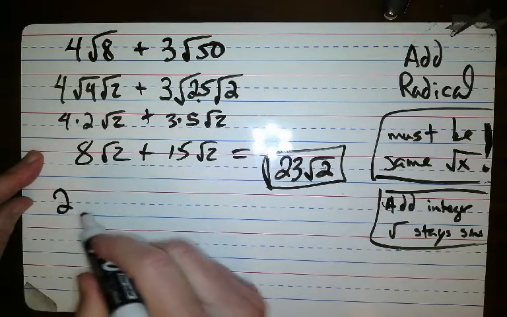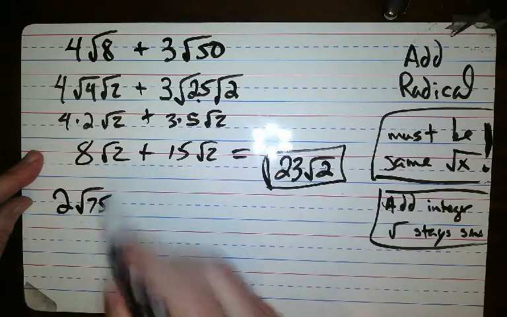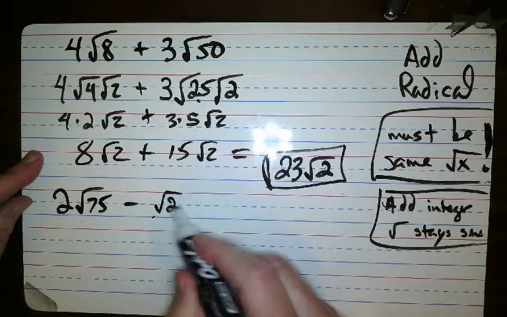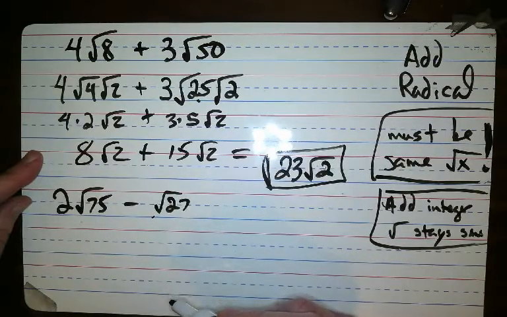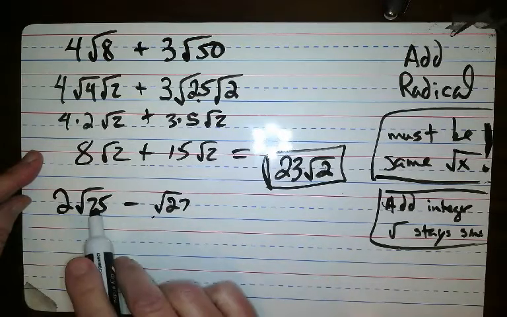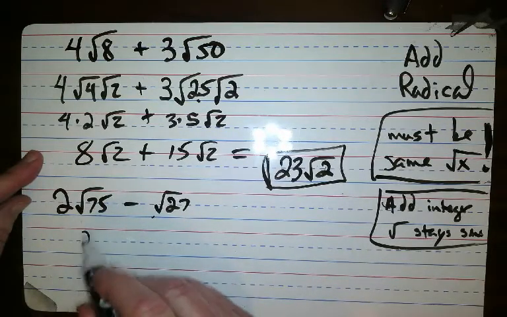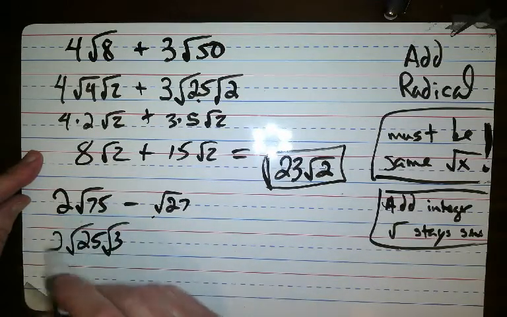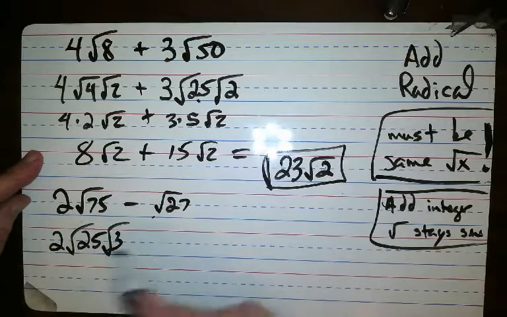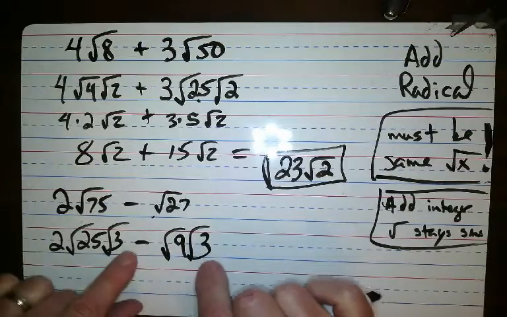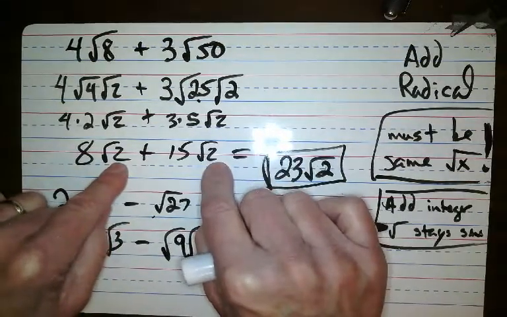What if I had 2 square root of 75 minus the square root of 27? Ooh. Okay, well, I know 75 is 25 times 3, right? So there's a 2 out in front. And I know 27 is 9 times 3. So you see, you're looking for something that has the same radical, right?